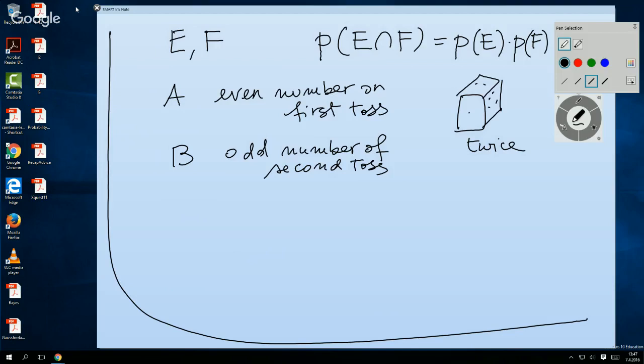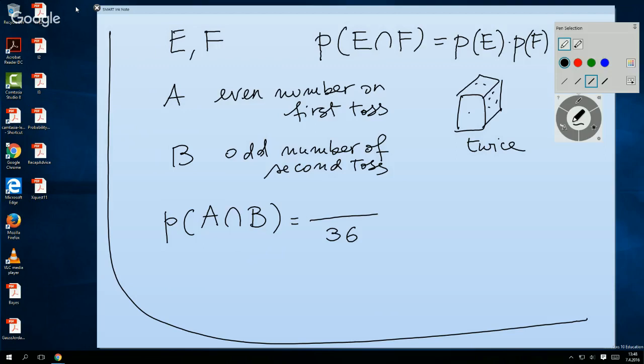So let's use the formula. What is the probability that I get an even number on the first toss and an odd number on the second? Well, how many possibilities are there overall? 36. 6 for the first toss, 6 for the second. So 36 possible combinations. Now, an outcome is in A intersection B if and only if the first time I got an even number, the second time I got an odd number.